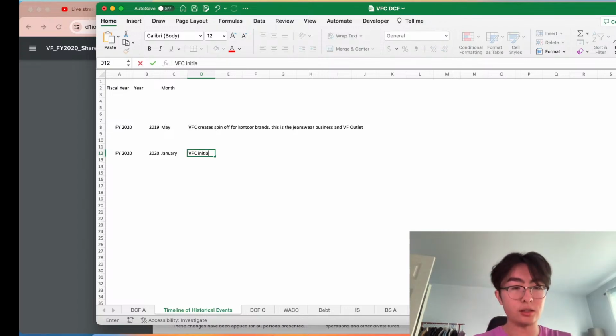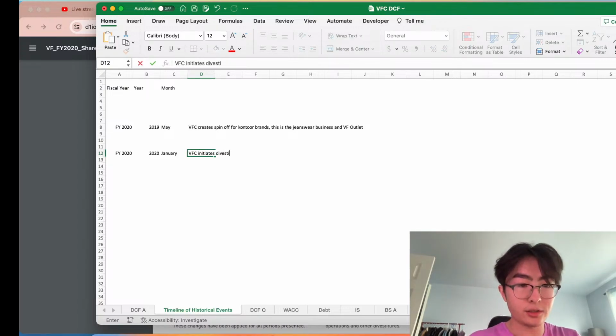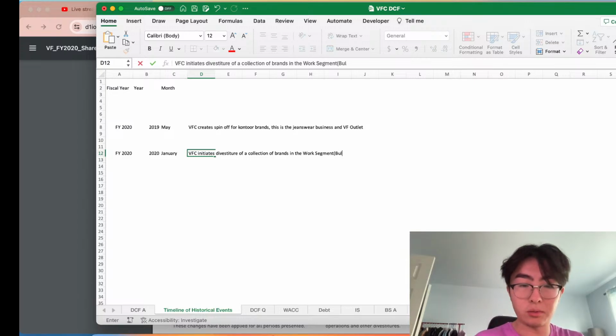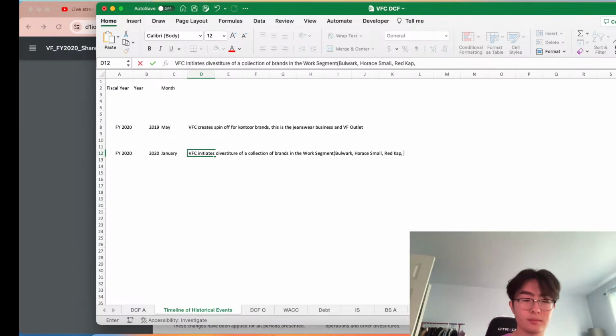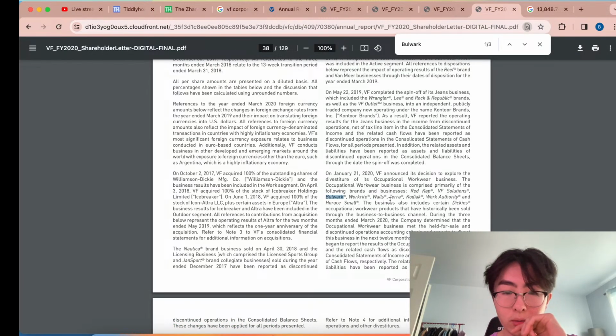VFC initiates divestiture of a collection of brands in the work segment. So this is going to be Bulwark, Horace Small, Red Cap, Walls, I think, Terra as well. What else is there? Workrite, Walls, Terra, Kodiak.